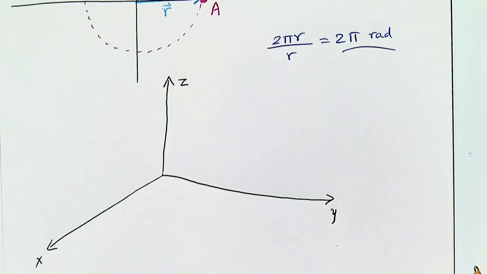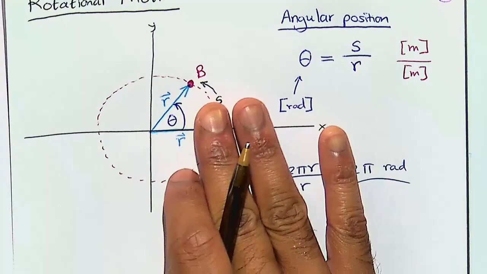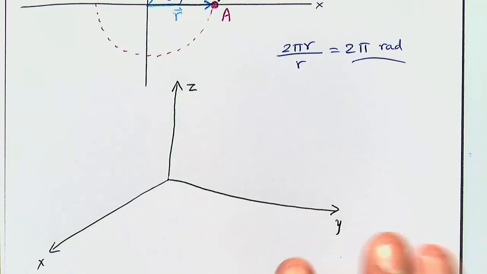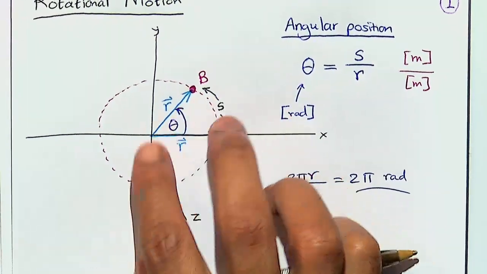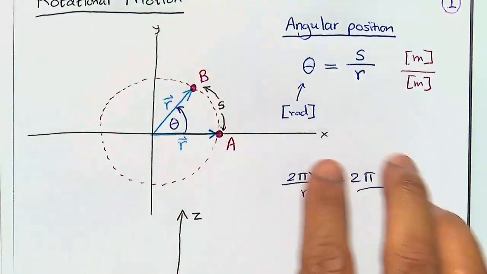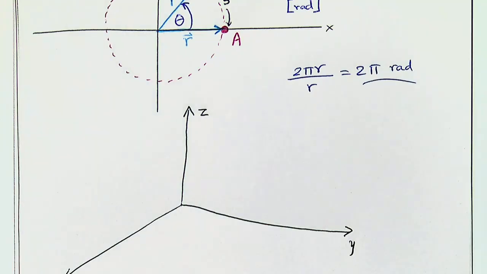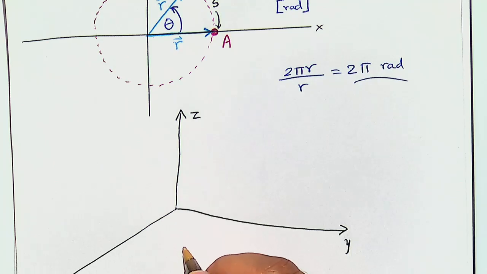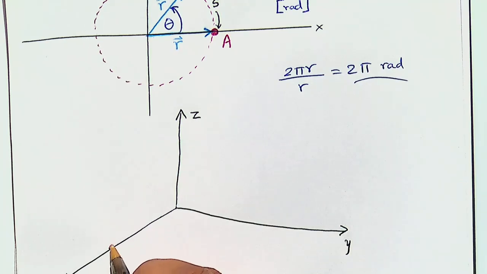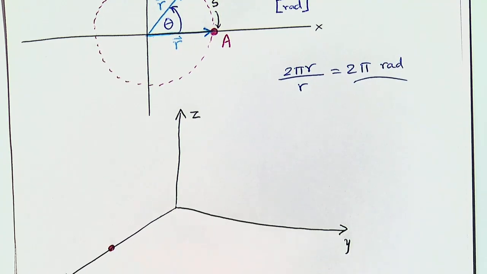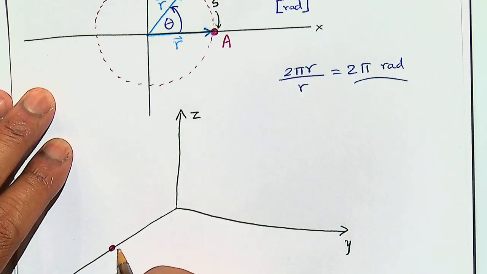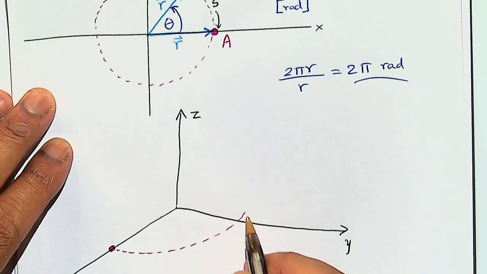And I'm going to redraw the setup as is, but notice that this going around the circle, let's say your record player, was in the XY plane. So I'm going to draw that in the XY plane once more. Okay, so we started at the x-axis. We're going around a circle.